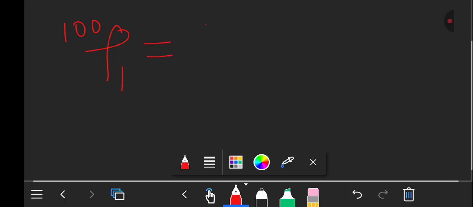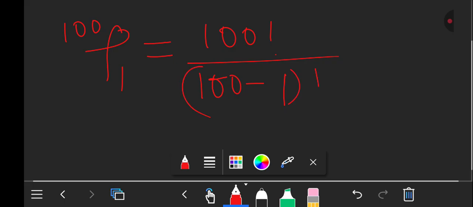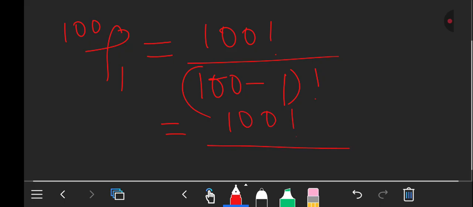This will be equal to 100 factorial over 100 minus 1 factorial. So this will be equal to 100 factorial over 100 minus 1, that is 99 factorial.